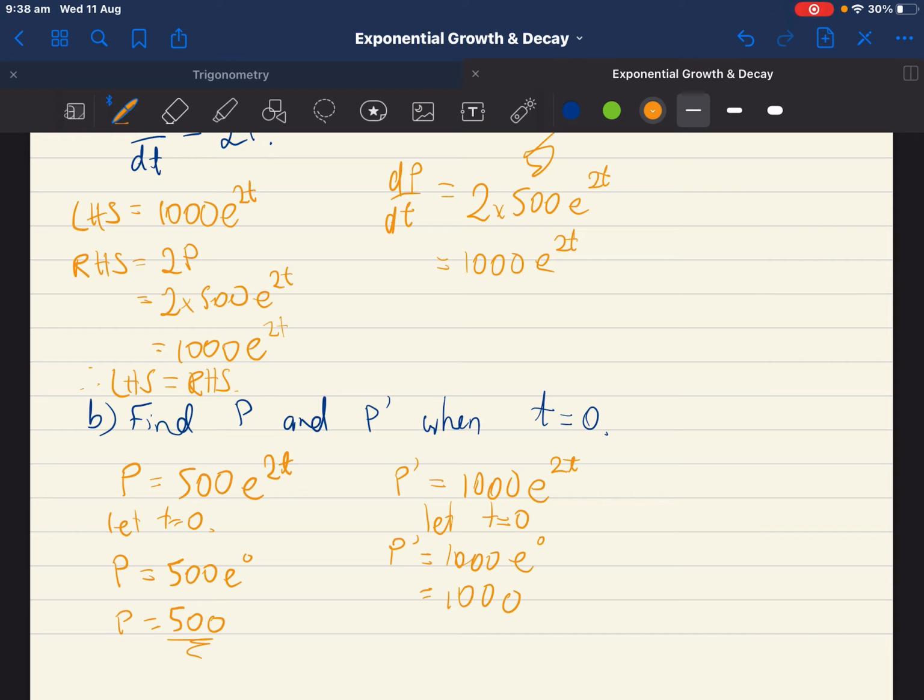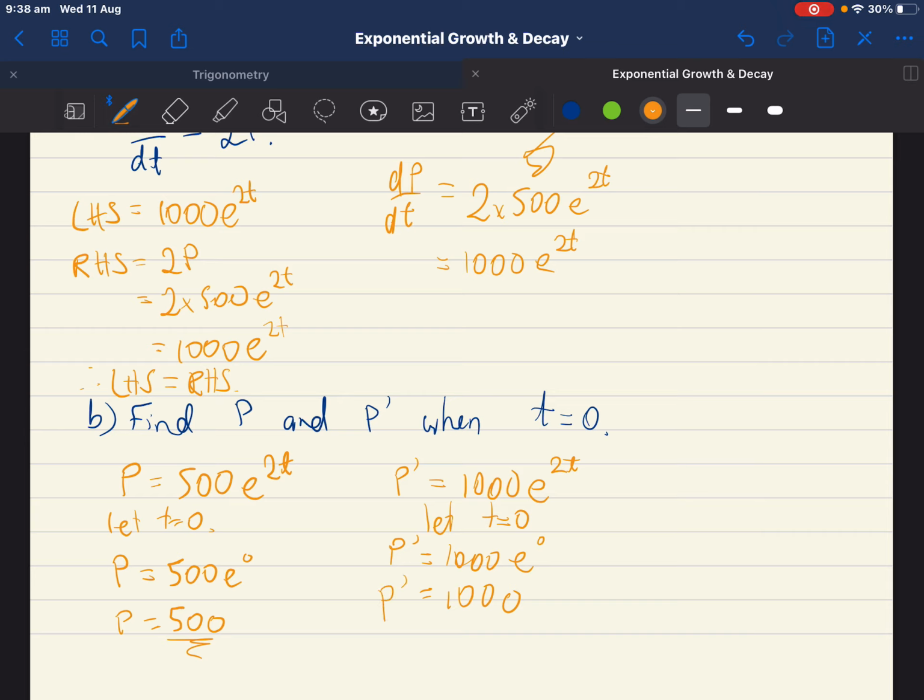That means initially there were 500 bacteria cells on this cheese. And P dash being equal to 1000 means initially the bacteria was increasing.